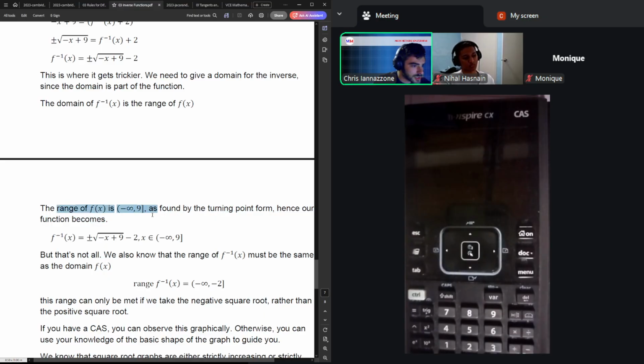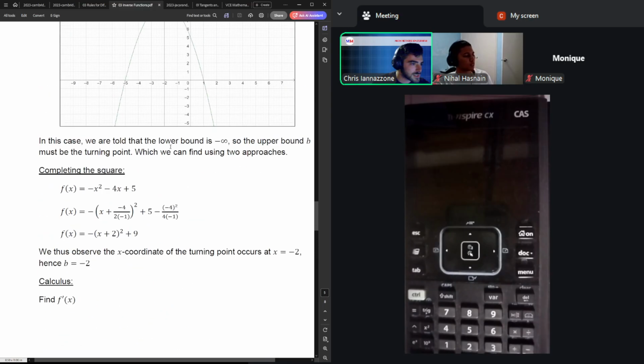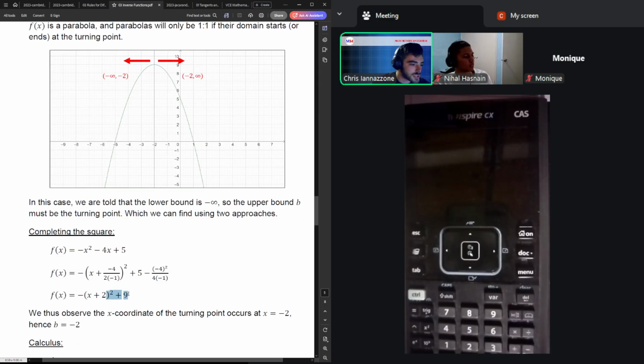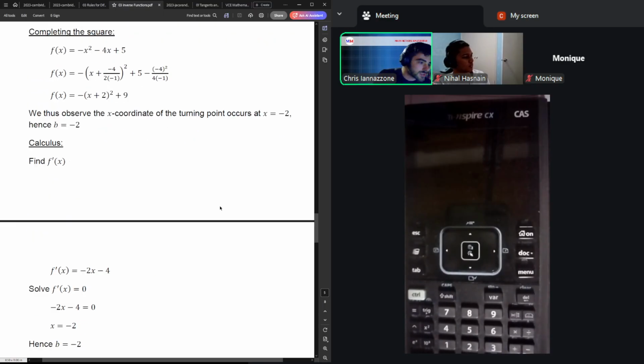Alternatively, you could look at the range of the function that you started with, and then make that the domain of the inverse, which is what I've actually written here. Because sketching this once you know the turning point is fairly trivial. We can see that once you complete the square, because you have to do that anyway, you know the location of your turning point, and since it's a quadratic pointing down, you can also get the range and look at it from a domain perspective.